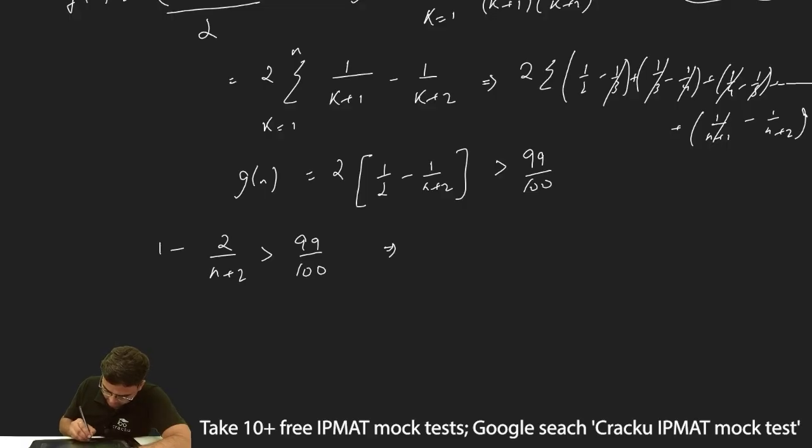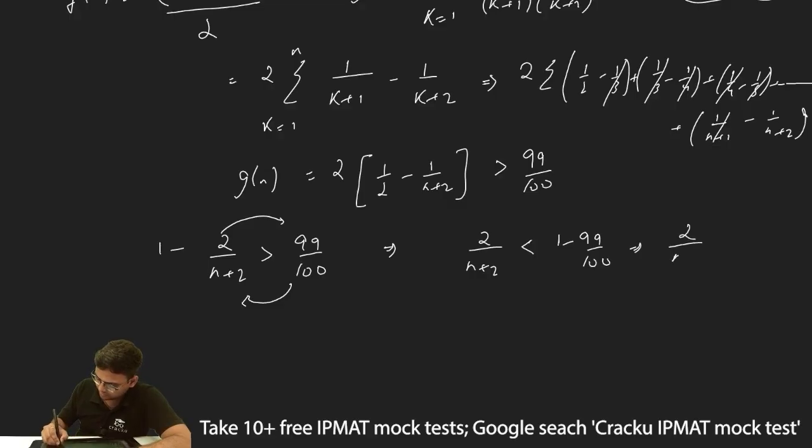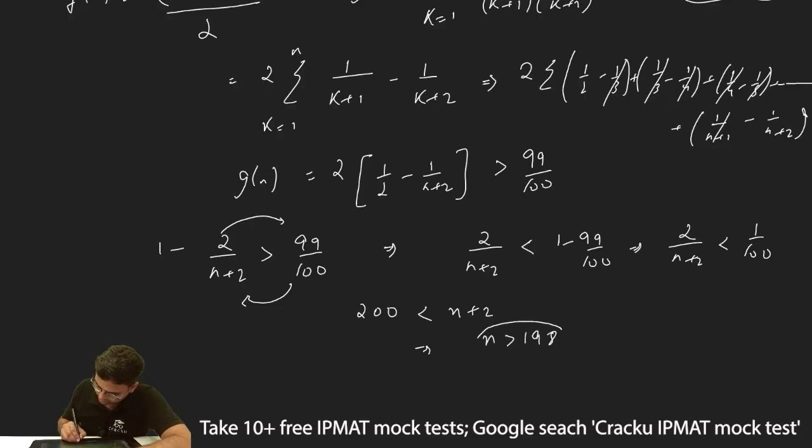That implies if I take this to the left hand side and this to the right hand side, I'll get 2 upon n plus 2 less than 1 minus 99 by 100. Further, 2 upon n plus 2 should be less than 1 upon 100. If I further solve this, 200 will be less than n plus 2, or I can write n should be greater than 198.